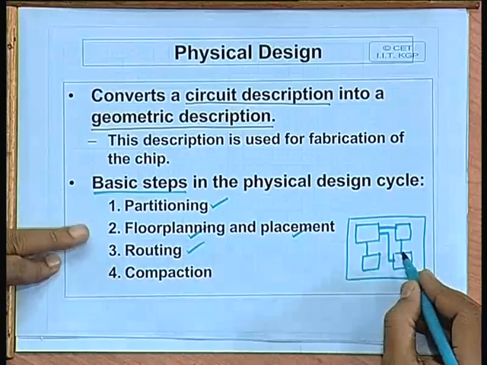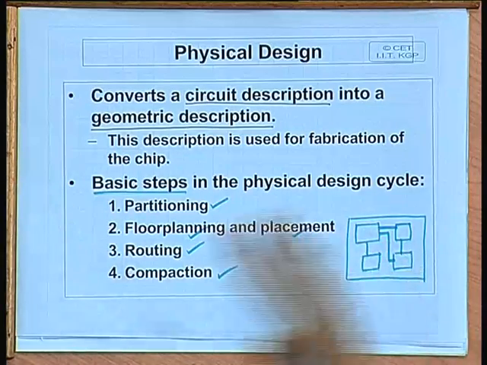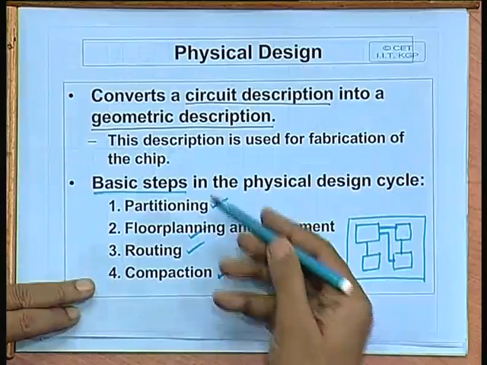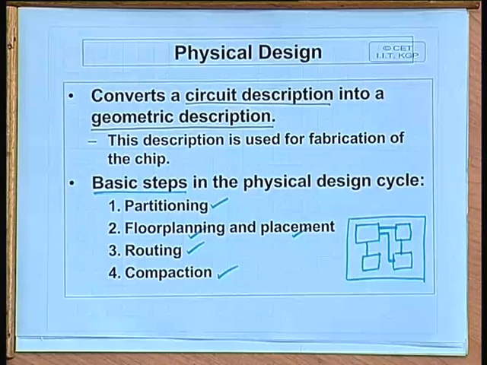Then you have to interconnect them, routing, and finally you will find that after everything is over, still you can do some kind of compaction to reduce the total area. So, this compaction is a post processing step, you can say. So, after everything is done, you typically do compaction.